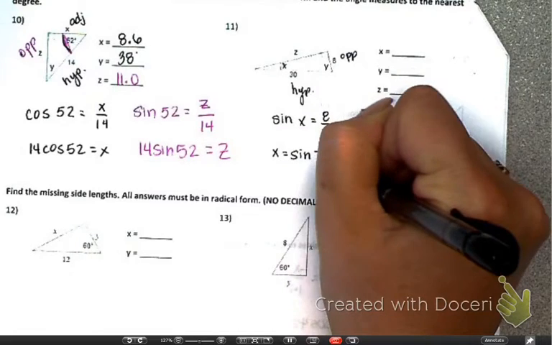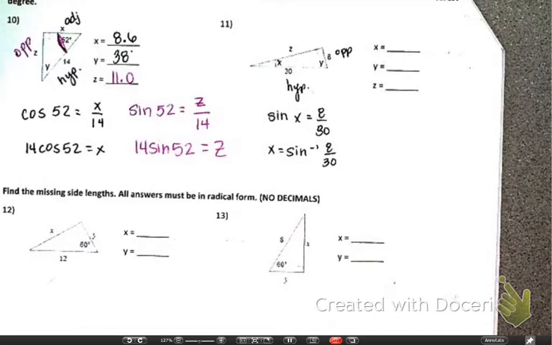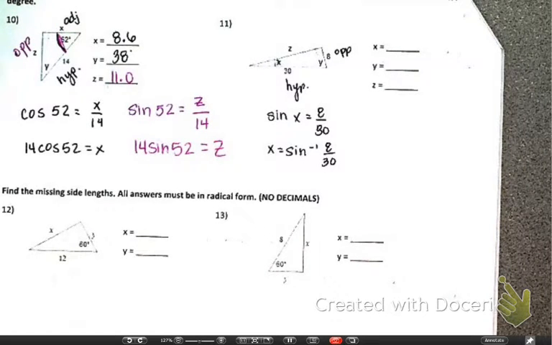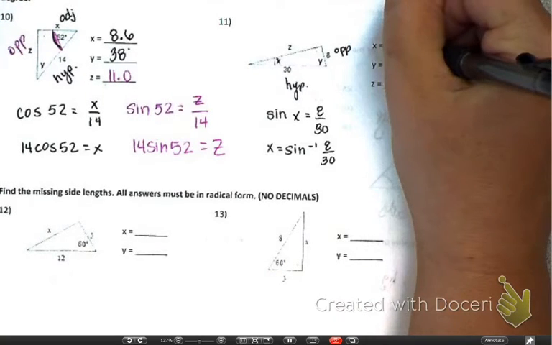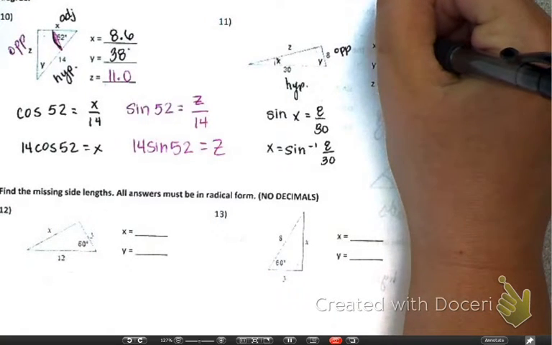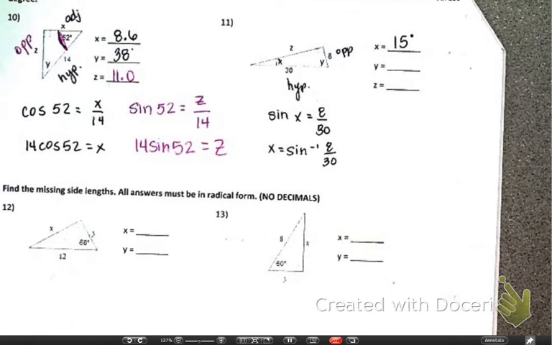I'm going to take the inverse sine, plug it into my calculator, and I get 15 point, nope, we're doing an angle, so 15 degrees. Okay. I can solve for y pretty easily now, right? 90 minus 15 is 75.